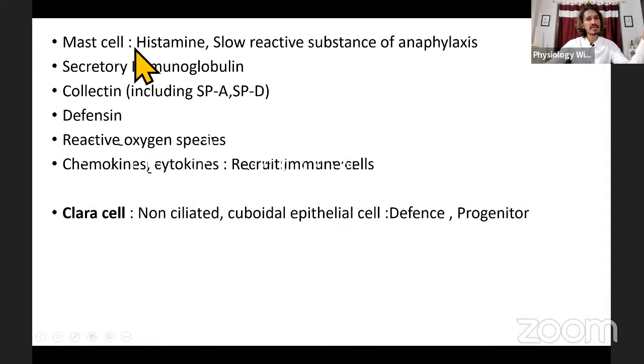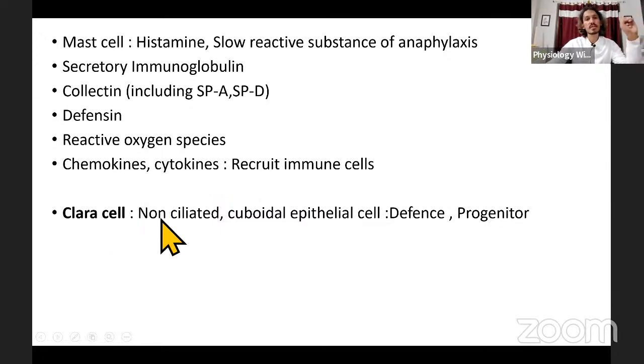Then we have mast cells which release histamine, slow reacting substance of anaphylaxis for inflammation and all. There are certain secretory immunoglobulins, collectins, which are important in surfactant synthesis, defensins, reactive oxygen species that can be secreted, formed from your epithelial cells. Okay, so apart from this, there is one type of cell which is called Clara cell.